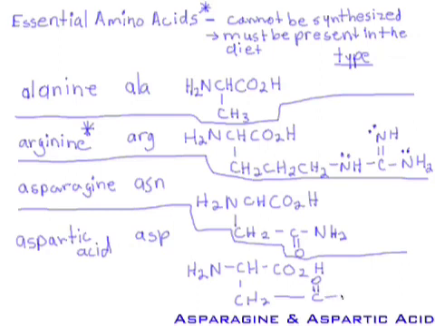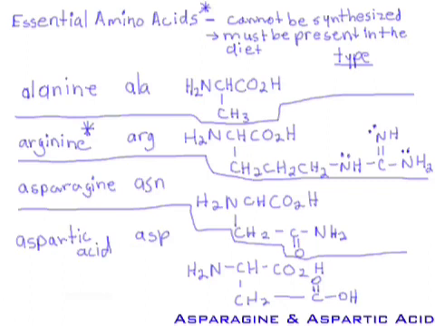But instead of the NH2, you have an OH. So aspartic acid has a carboxylic acid off the R group, whereas asparagine has an amide functional group. Only arginine in this list of 4 amino acids is an essential amino acid.